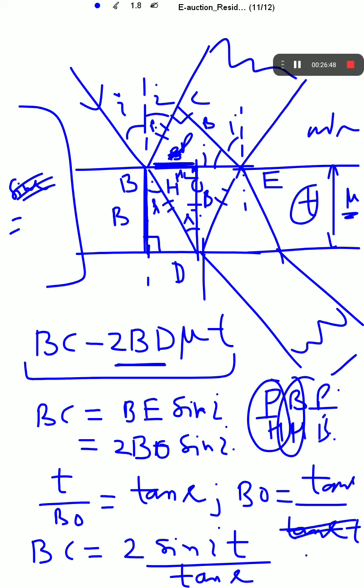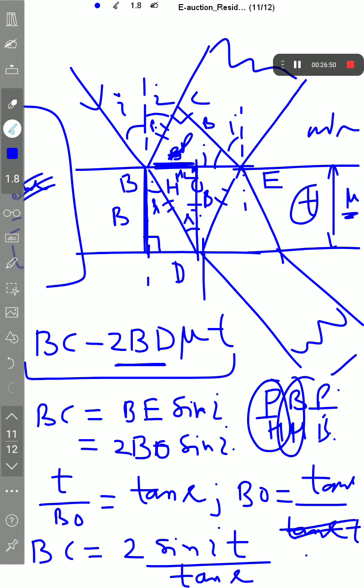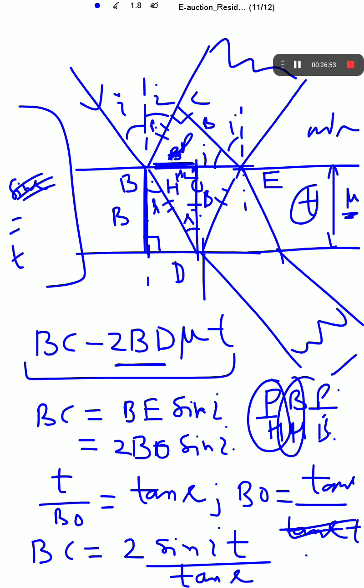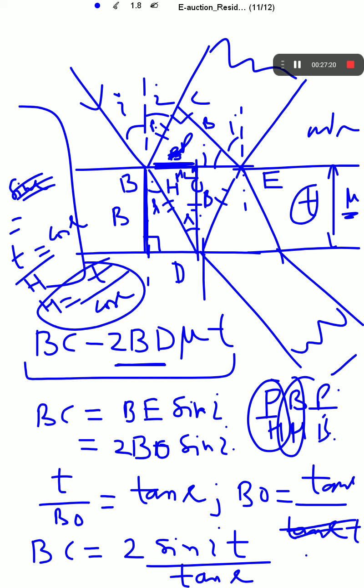So base is basically T divided by hypotenuse, which is, let us say, H. For some time I'll write H here, and this is cos of R. So H becomes T upon cos R, and we have to calculate 2 times of that. So it will be simply 2T upon cos R.